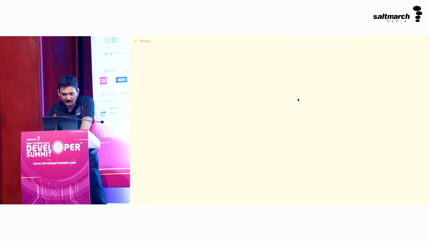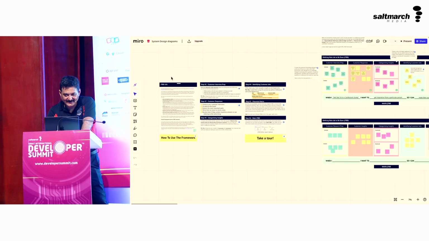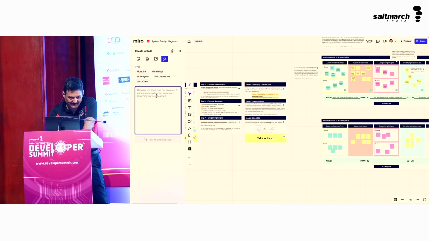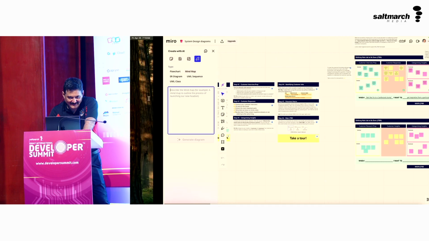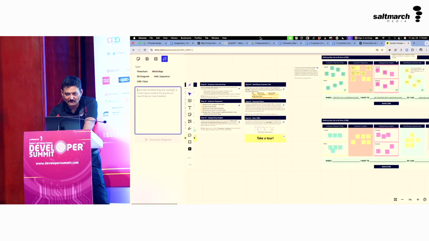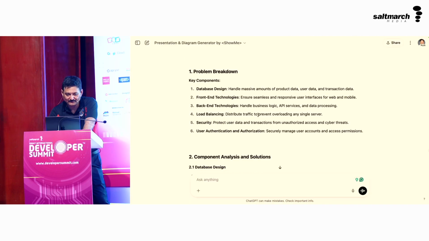So I'm going to use a Miro board here. Within the Miro board, I can say, hey, create from this, I can create a diagram. And then I want to create a mind map diagram here. And in this diagram, I can input whatever we found out from my previous example. See this?